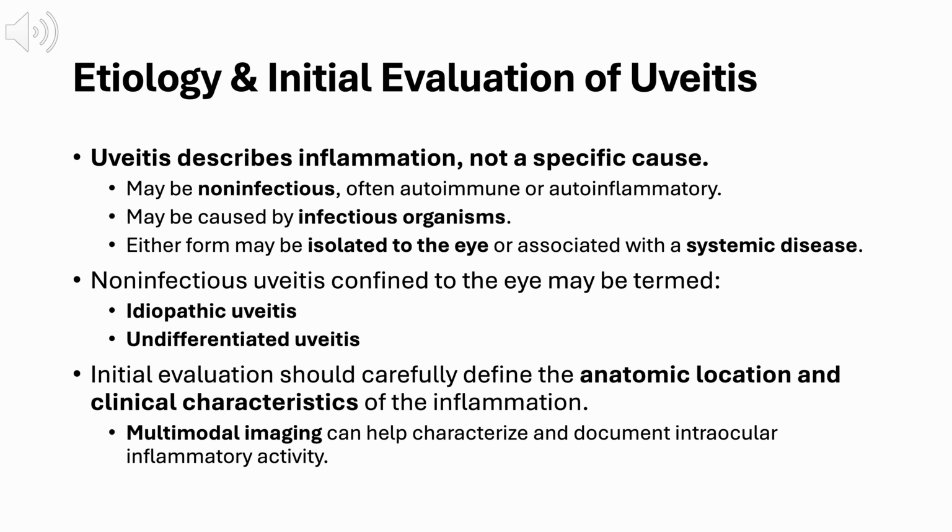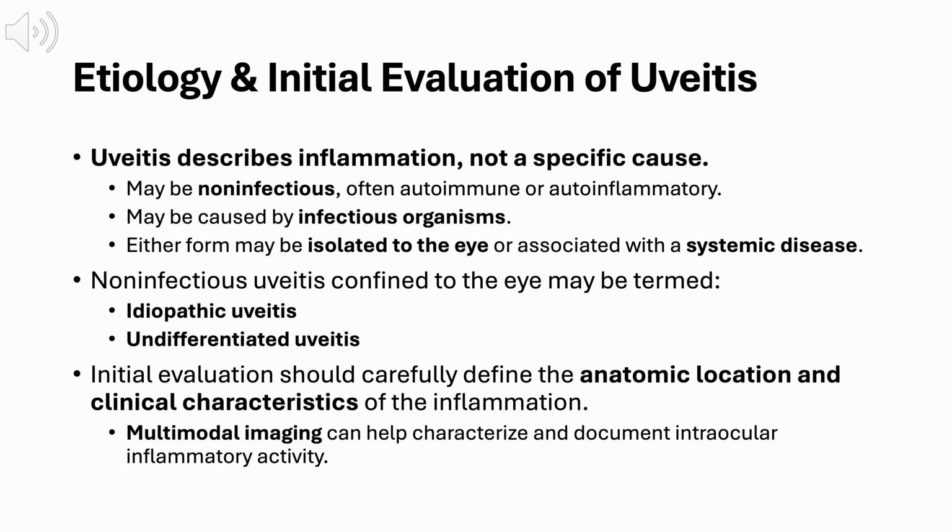Here's a concept to internalize early. Uveitis describes inflammation, not a cause. It's a finding, not a final diagnosis. The inflammation may be non-infectious, often autoimmune or autoinflammatory, or it may be driven by an infectious organism. And either form can be confined to the eye or tied to systemic disease.